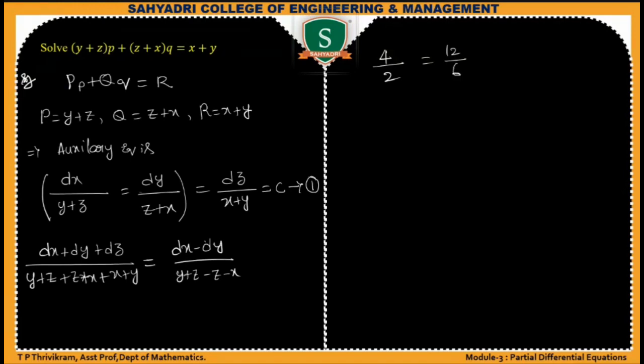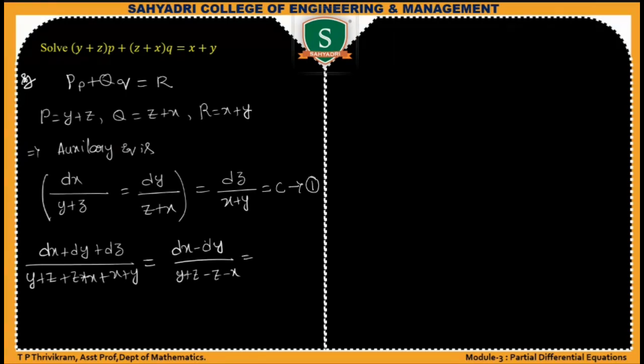Suppose I subtract numerators and denominators, what happens? 12 minus 4 divided by 6 minus 2. So this is nothing but 8 divided by 4. So this result also will give the same ratio as 2. Correct. So in the same way, we can do addition and subtraction also.